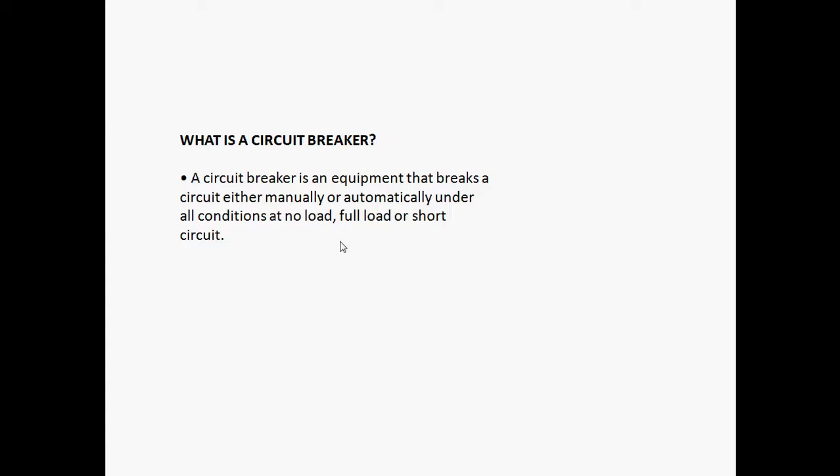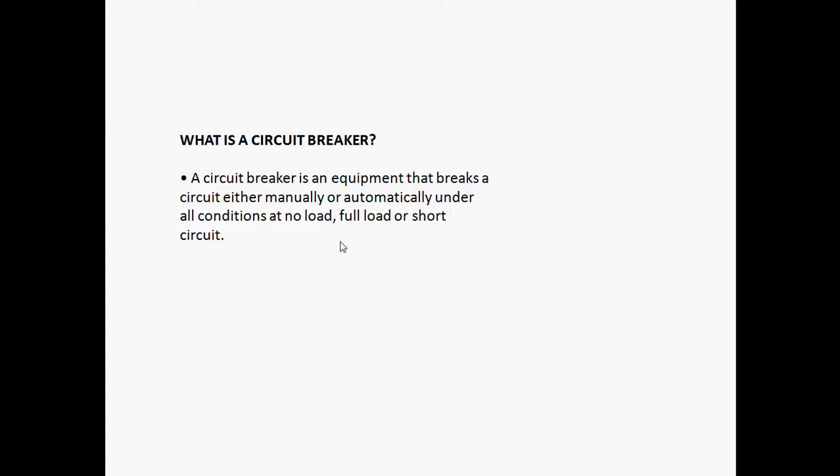A circuit breaker is an equipment that breaks a circuit either manually or automatically under all conditions: at no load, full load or short circuit. That means a circuit breaker can break the circuit manually when we want the circuit breaker or line for maintenance.